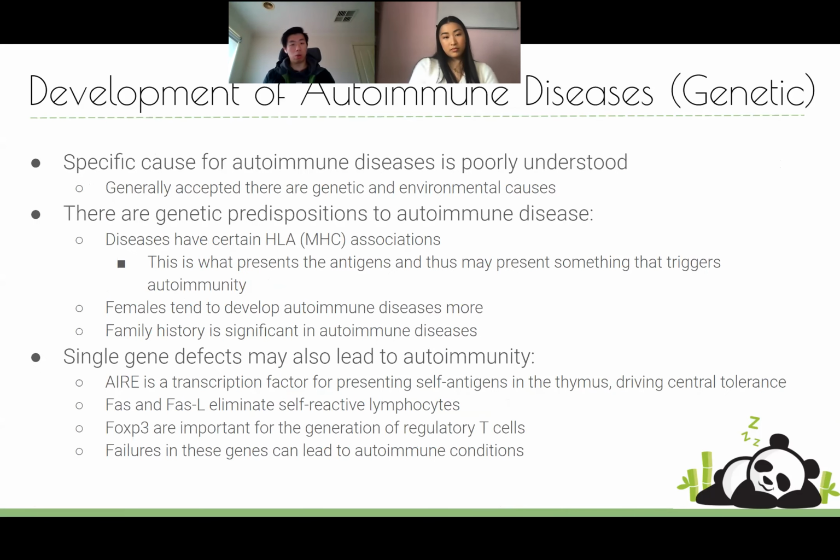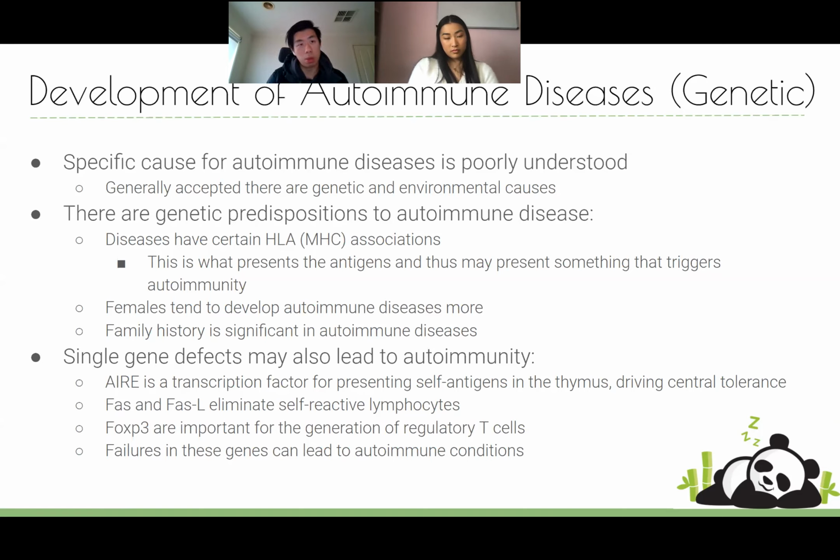So these are also positions where you can develop autoimmune diseases. Now, specific diseases are poorly understood. But basically what we think is you have predispositions to certain autoimmune diseases because of your genetics. So diseases have certain HLA or MHC associations, and this is what presents antigens and thus will trigger such reactions.